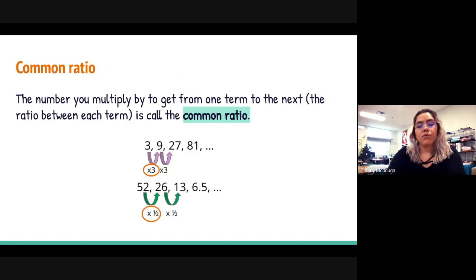And 1/2 would be my common ratio whenever I'm talking about the bottom sequence because I'm decreasing by half each time, the number's being cut in half. Now, this is the reason that we have to always put our common ratio in terms of multiplication, because when we jump into the formula later, it always needs to be in terms of multiplication. Otherwise, the formula will mess up. And you'll see what I mean by that in a minute.